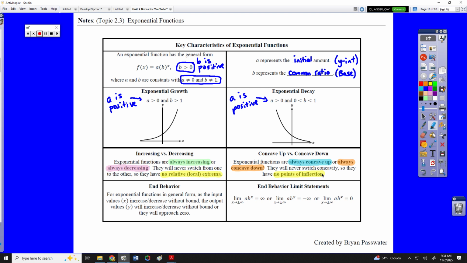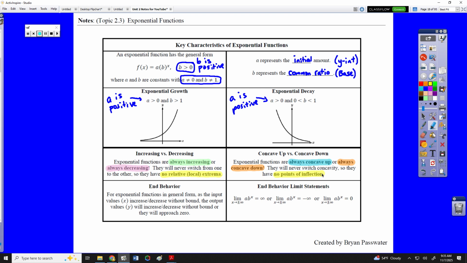Now, in terms of end behavior, when we look at end behavior for this function, just like we do any function, we're talking about when the input, the x's, increase without bound, which is the right end, or decrease without bound, which is the left end. When we do that, one end of the function will either increase or decrease without bound, will go to positive or negative infinity, and the other end will always approach 0. A horizontal asymptote.